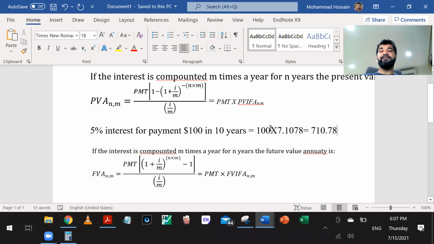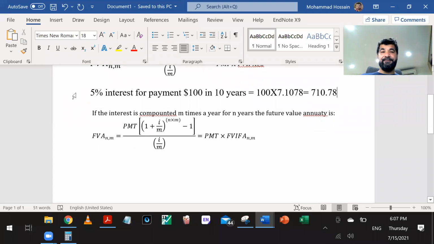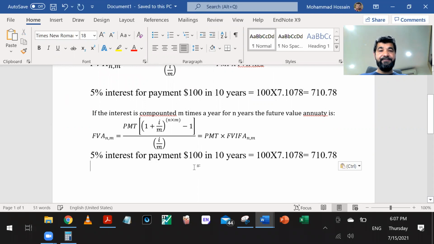That's the present value. For the same thing, we're going to actually do it for future value. It's not going to be 7.108 anymore. Future value is a different number. That's what I want to highlight.